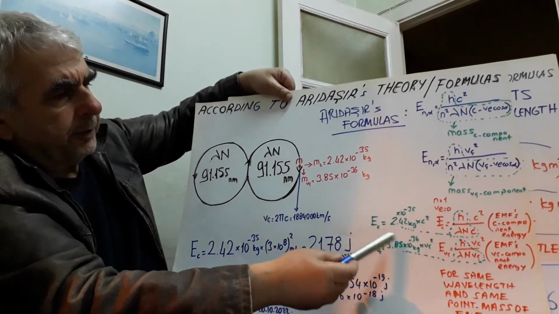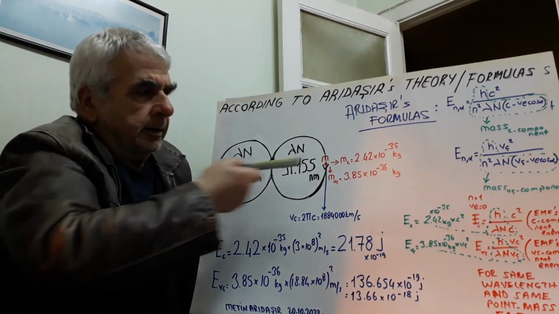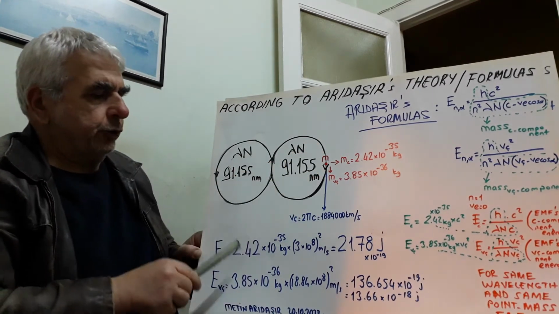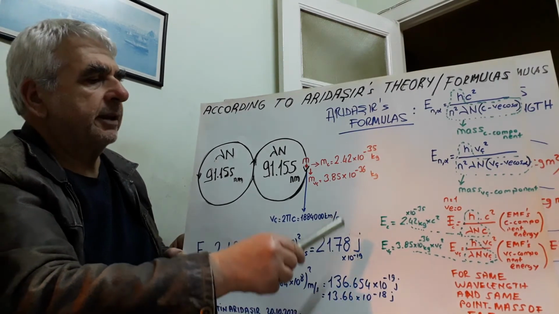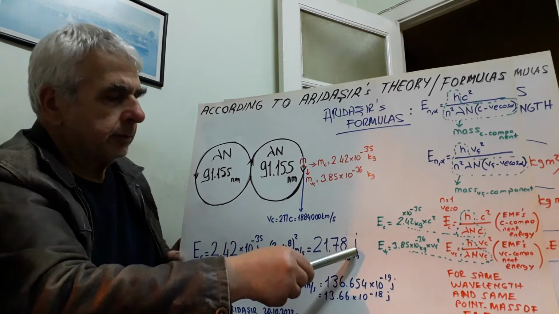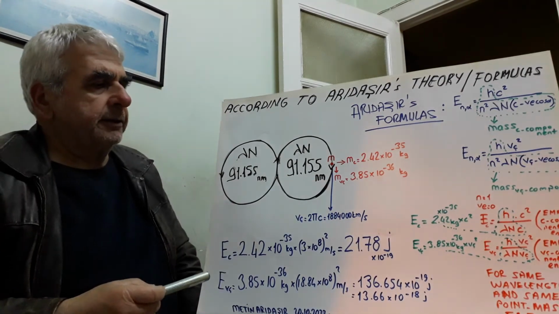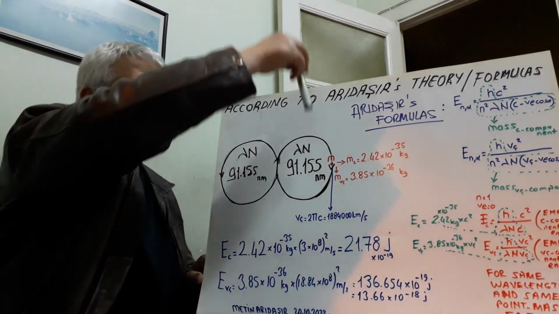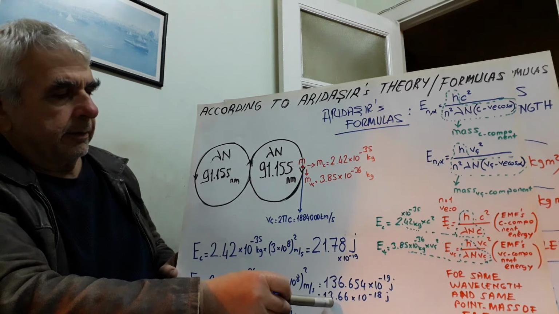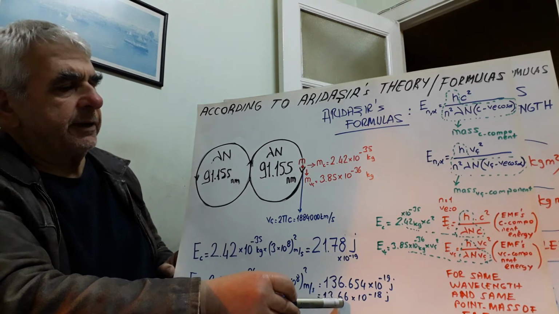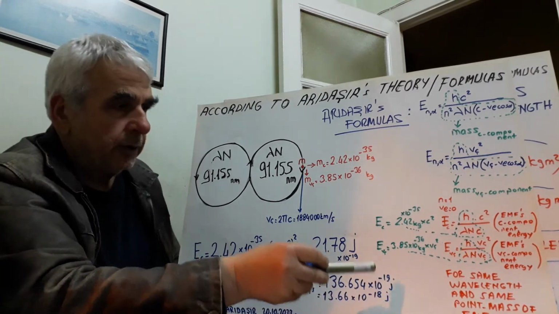Then when I computed results, C direction mass component's energy is equal to 21.78 10⁻19 joule, and linear velocity 2 pi c, 1,884,000 km per second, linear velocity direction mass component's energy is 13.66 10⁻18 joule, again joule.